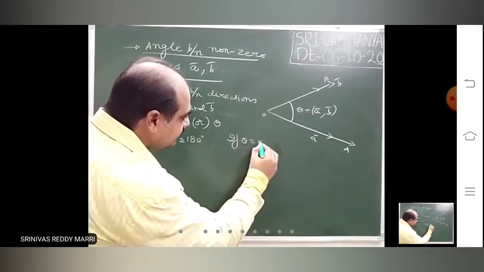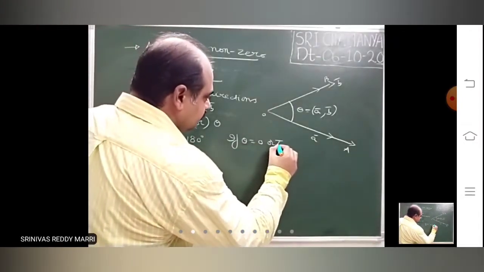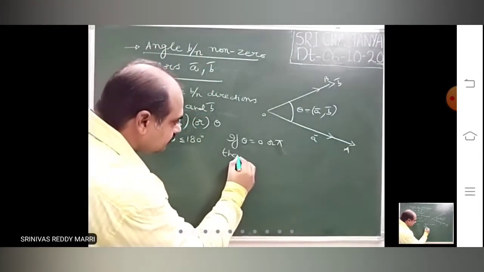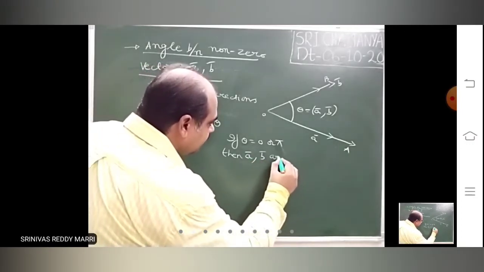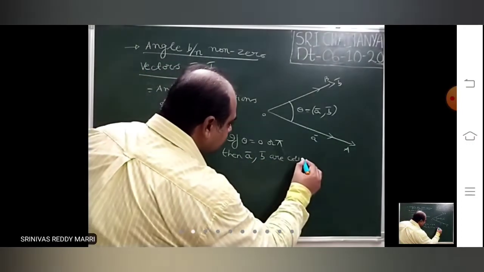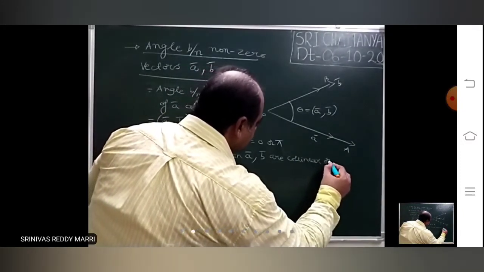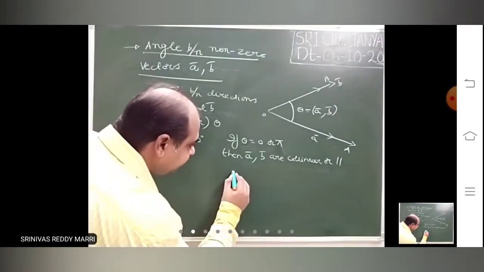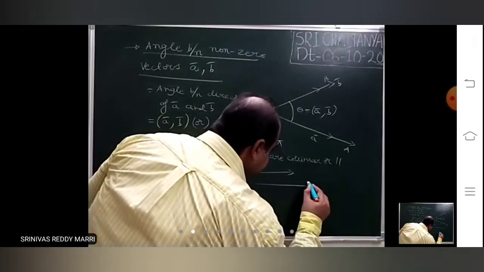Look at here. If theta equal to 0 or pi, 180 degree, then a bar, b bar are collinear or parallel vectors. 0 or pi means, suppose if the angle is 0, they will be like this.